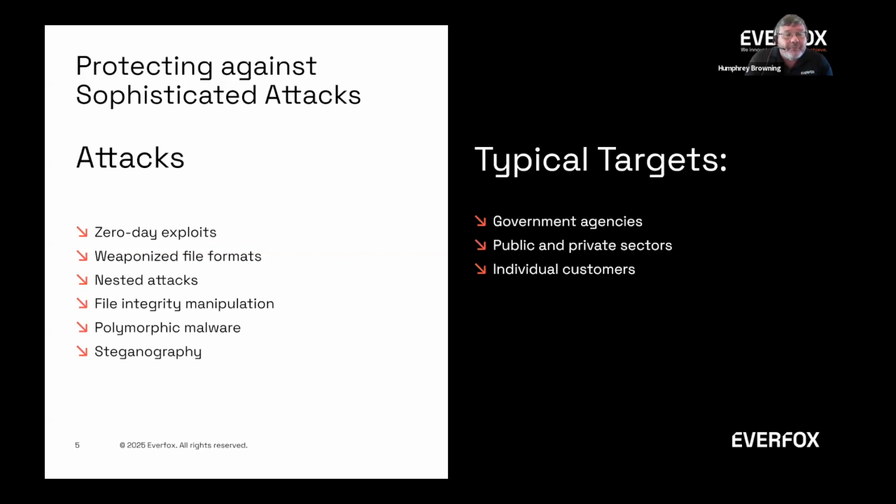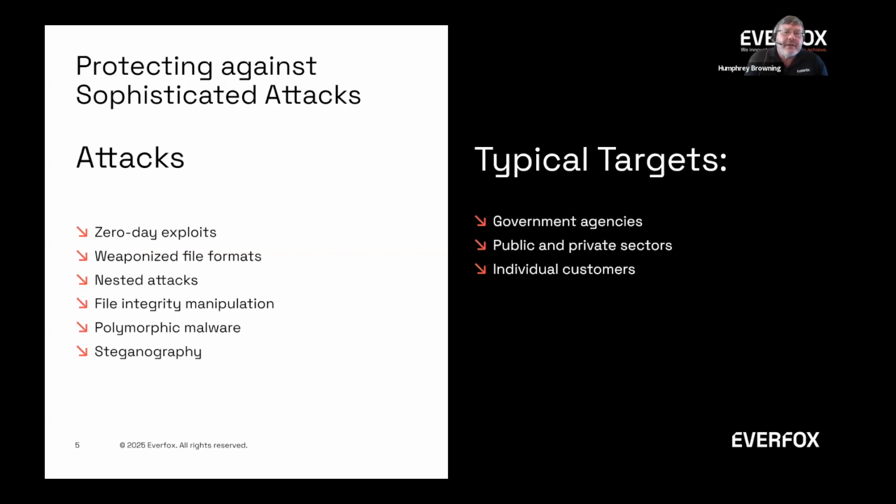So they nest attacks within other content, with multiple layers of content hiding the fact that there's an attack waiting to be launched. They do this by manipulating the integrity of your files, or creating files for themselves. Maybe your files haven't been manipulated, but an attacker could be posing as a customer, trying to get into an organization just so they can have that interaction and upload of content sanctioned by the organization.